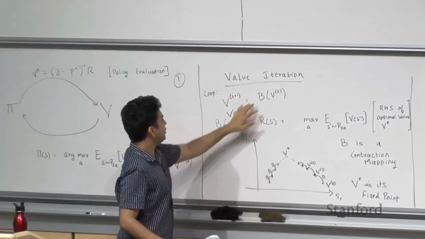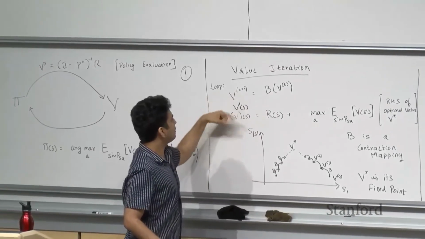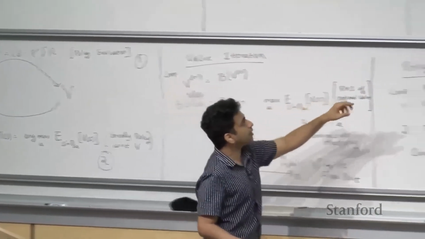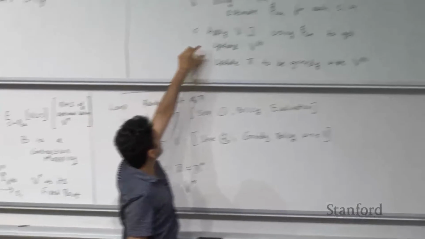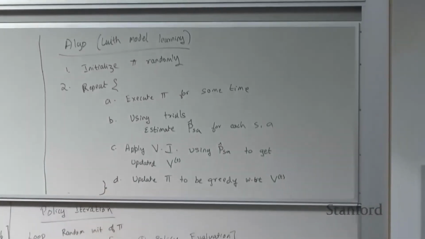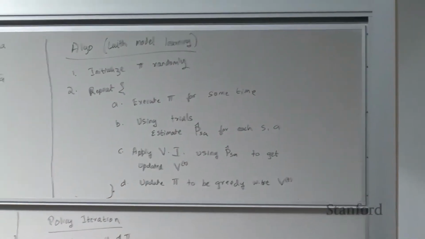In value iteration, we basically loop, so this line over here, apply value iteration, means perform this loop until convergence.